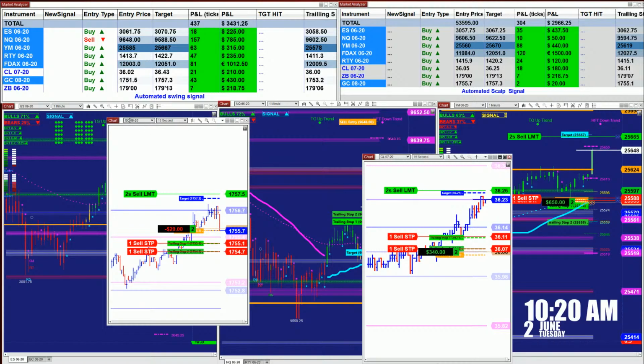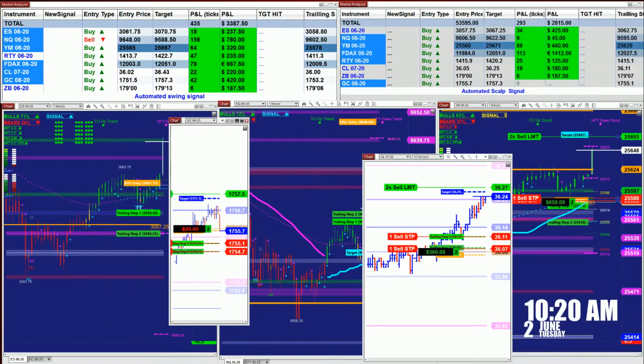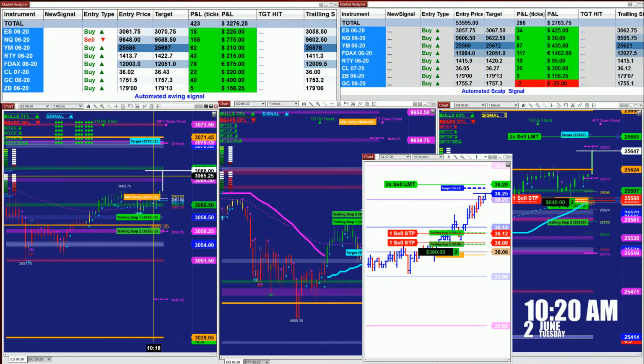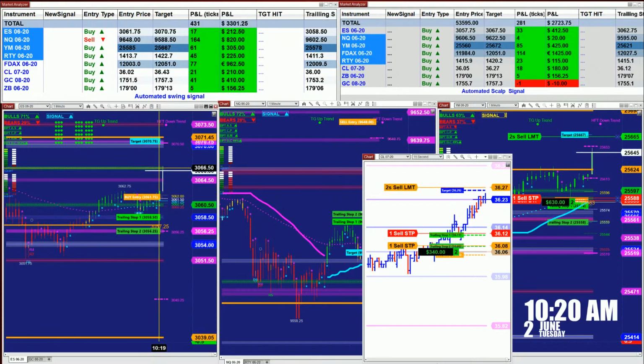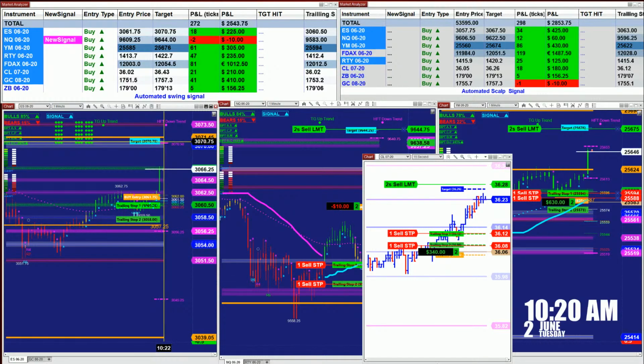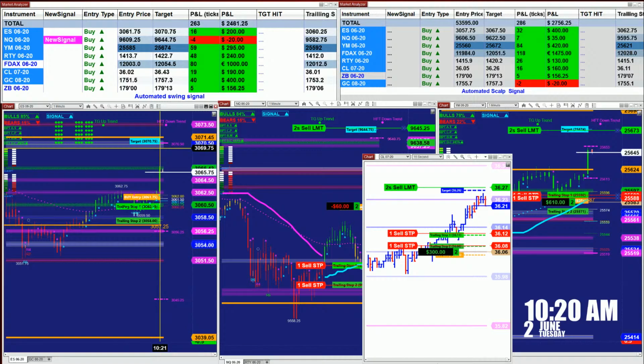As we told you, folks, on the ES, we told you where the entry is, and whoever took that trade with the ES has an option. You can exit at that projection at 3066.50, or you can stay and exit at 3069.